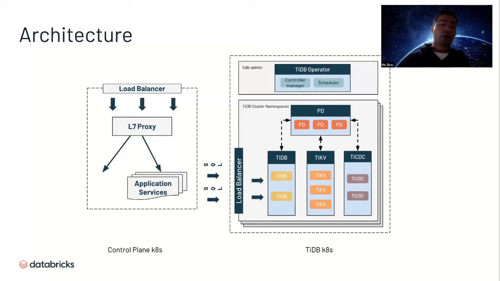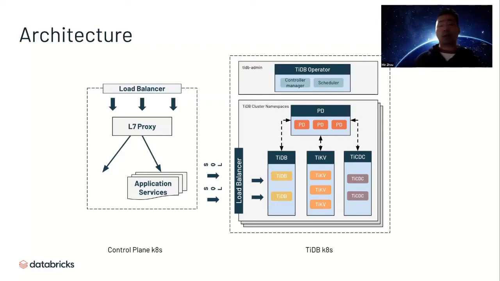For example, the cluster manager, the jobs manager, and also Databricks SQL will be maintained in the control plane Kubernetes on the left side. It will send the SQL requests to the right side. Between these two, we have a load balancer, which has a service IP and service endpoint. So the SQL will flow into the right side Kubernetes.